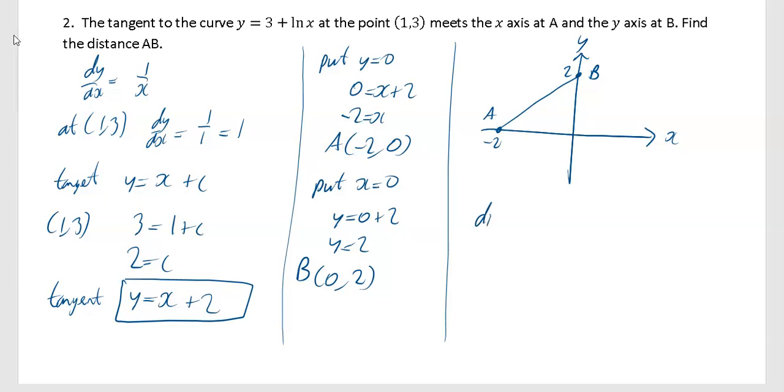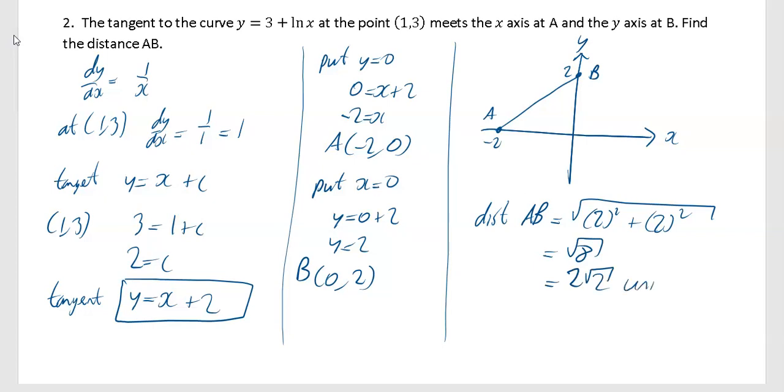So your distance between A and B is just going to be equal to the 2 squared plus the 2 squared, which are just the lengths of this triangle, so 4 plus 4, which is 8, root of 8. Hit that in your calculator, and it's going to give you 2 root 2 units, and that is your perfect answer.